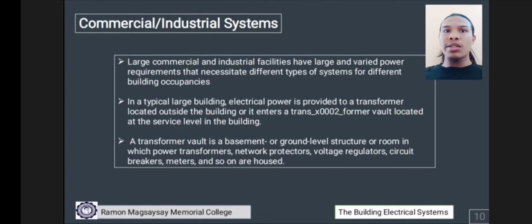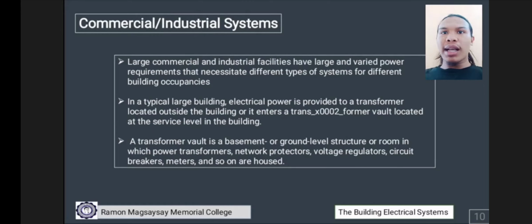This system includes everything from the utility service entrance through on-site electrical generation, power distribution, UPS, and power quality and grounding, and electrical protection. It also involves various sub-electrical systems involving high voltage, energy management, building automation, fire and life safety systems, communications, and security.